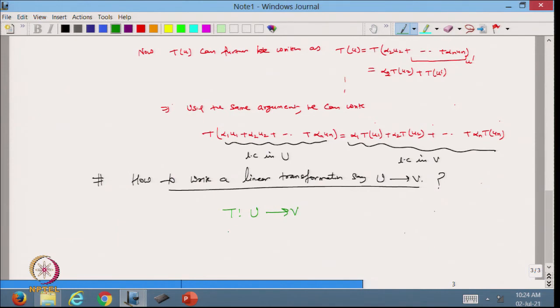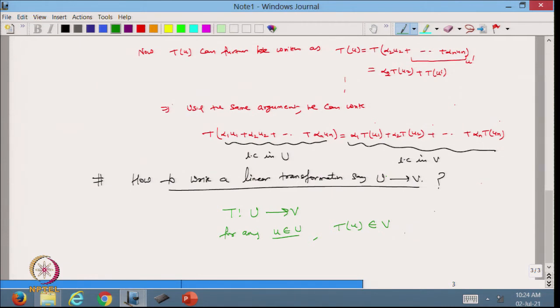My T is such that for any U belonging to U, T of U should belong to V. So for finding the linear transformation, I need to find the value of that transformation for each U belonging to U, and we already know that U is a vector space.